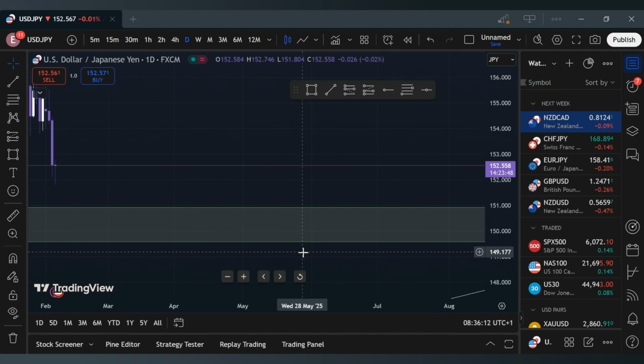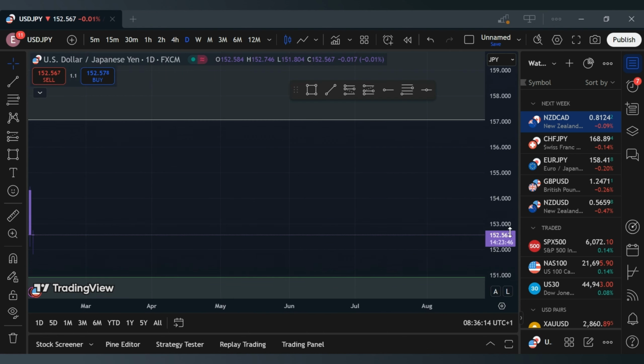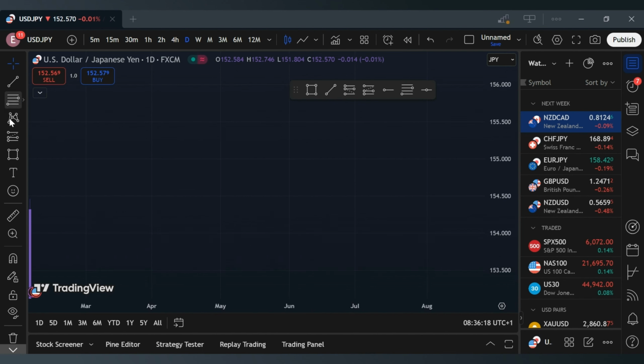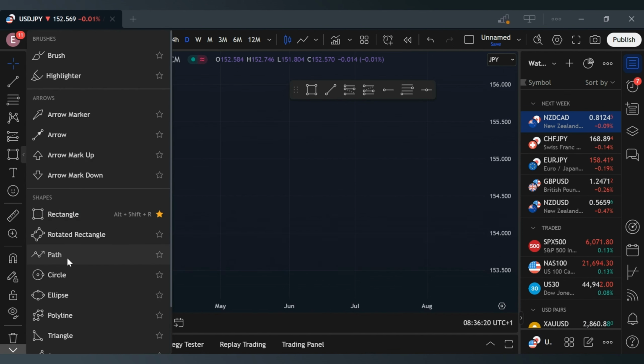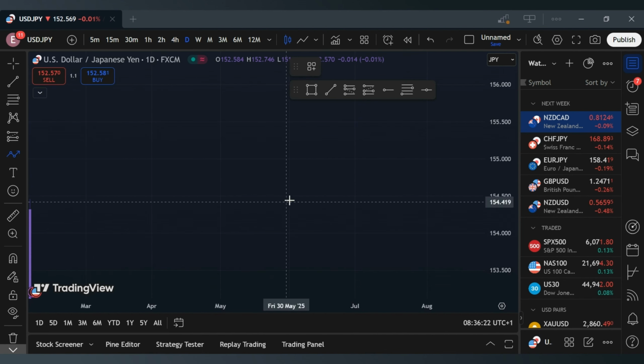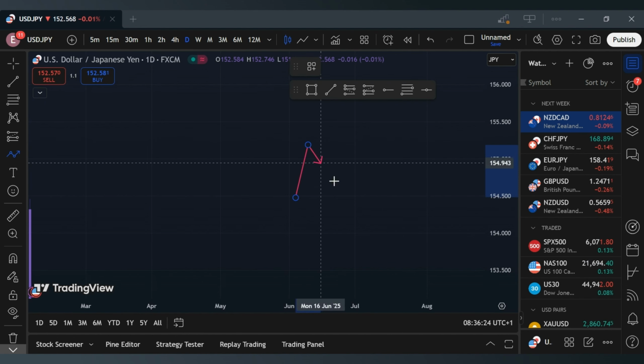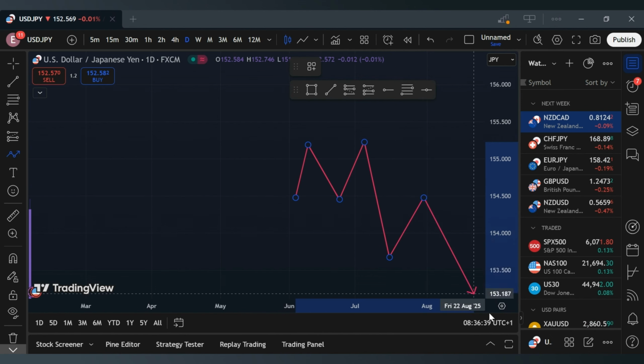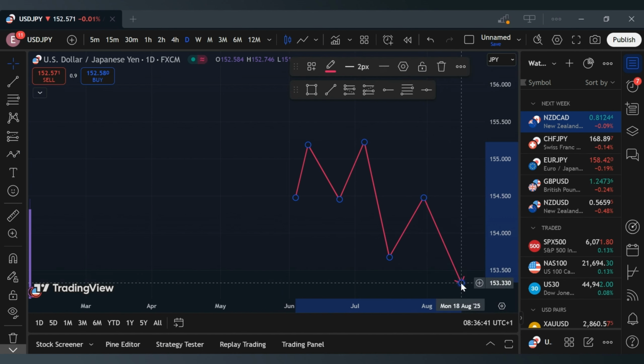So yeah, when I draw things like this, this is a double top, then this will be our neckline, which it will then pull into, then expect the reversals from that neckline.